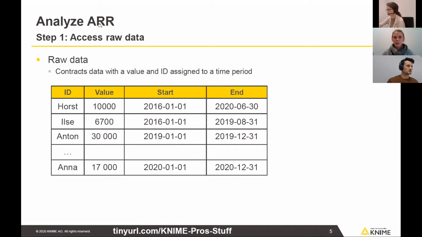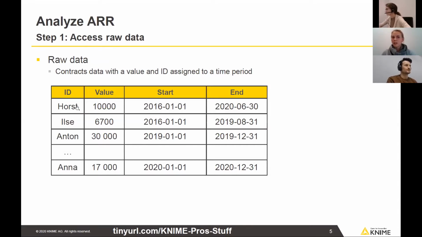Before you come to the actual task, building the component, you need to complete 2 steps, which are accessing the data and pre-processing the data. So in your workflow, which we have prepared for you, the exercises workflow, you access raw data that contains contracts.